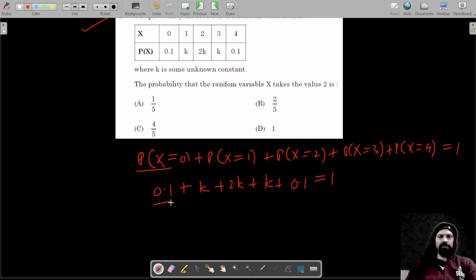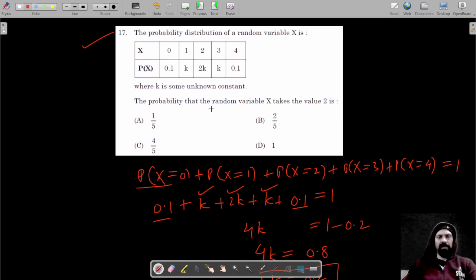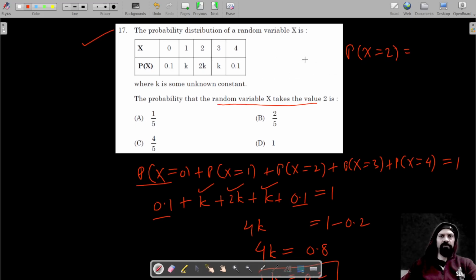So 0.1 and 0.1 make 0.2, so this is 1 minus 0.2 is equal to k plus 2k plus k. This is 4k. So 4k is equal to 0.8 and k is equal to 0.2. So k is equal to 0.2 and we have to find the probability when the random variable takes the value 2, and it's 2k.